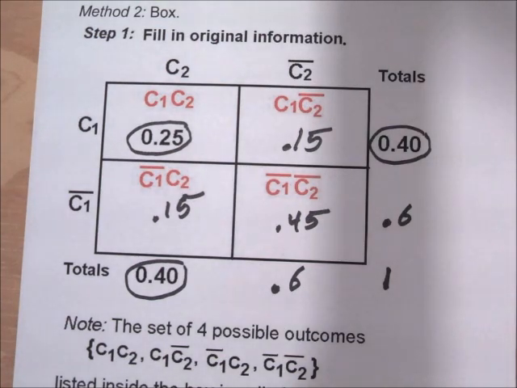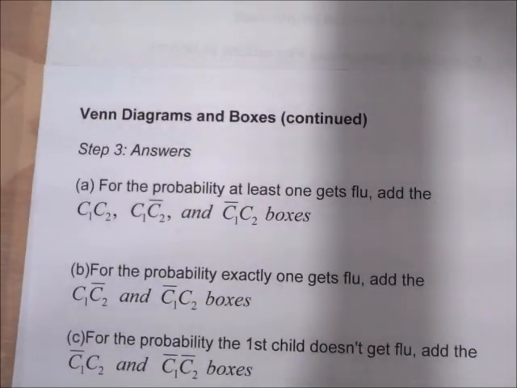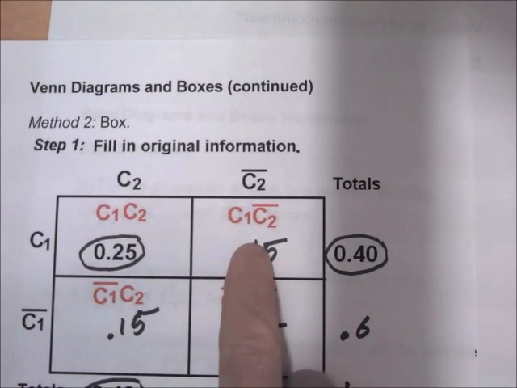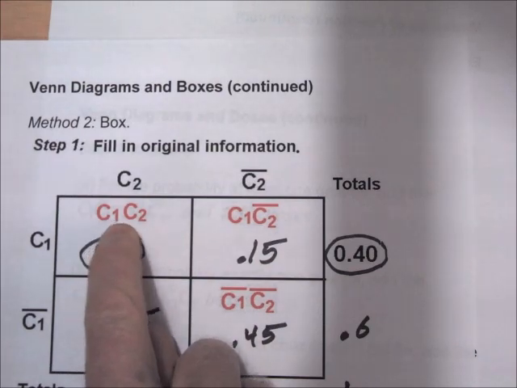Okay, so then we can answer these same questions that we did using the Venn diagram. The probability at least one gets the flu. Well, we want to add up all the boxes where at least one of the letters does not have a bar on it.